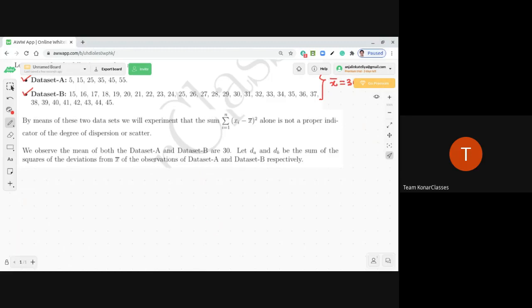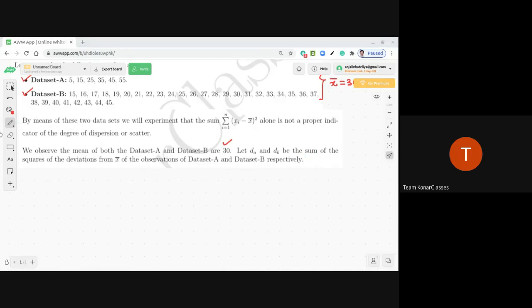Now, as I already said, the mean of both these data sets is 30. So now let dA and dB be the sum of the squares of the deviations from x bar of the observations of dataset A and dataset B respectively.